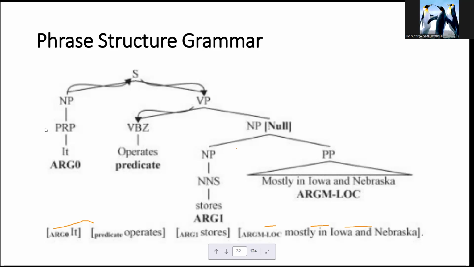Here we can see how the path of the word operates is defined. From the sentence, either we can go with the verb phrase or with the noun phrase. Say you consider it as the verb phrase. So the path starts with S and verb phrase.